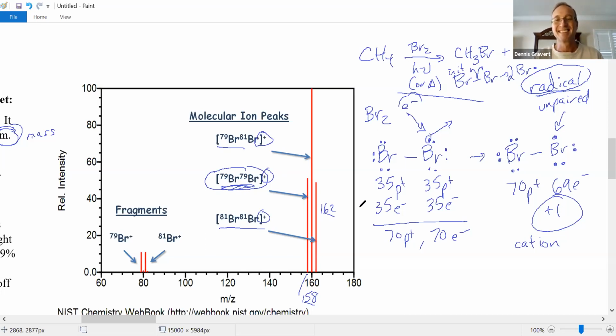The problem is that just like Br2 with heat or light can split, this radical can help destabilize this molecule, and maybe this splits. Nature says, yeah, let's not do this anymore. I don't like my molecule being both a cation and a radical at the same time. So let's split this.